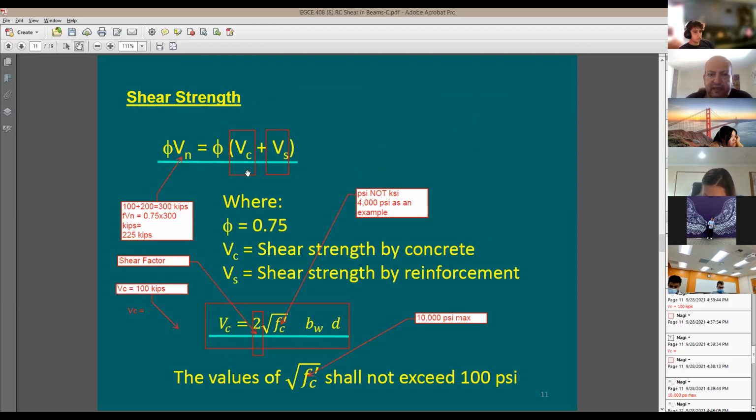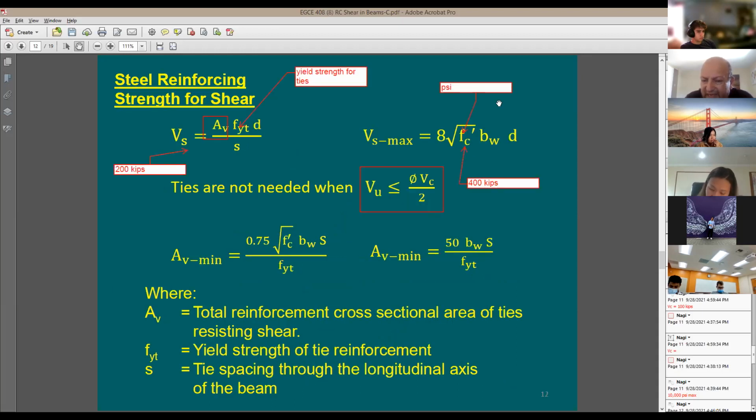I checked the shear demand against the shear strength of the concrete only. Everything was great. Why should I add any steel? If the beam as concrete only is very good and has enough strength, why should I add any ties? So the answer is, you don't really need to add ties if your demand is lower than 1/2 of the concrete strength.